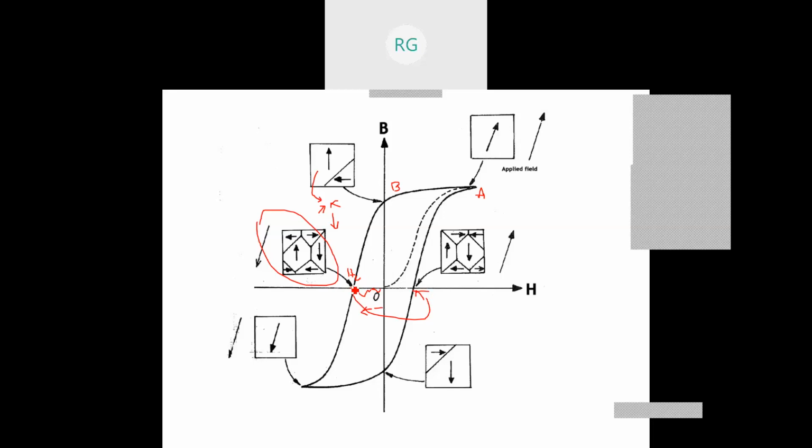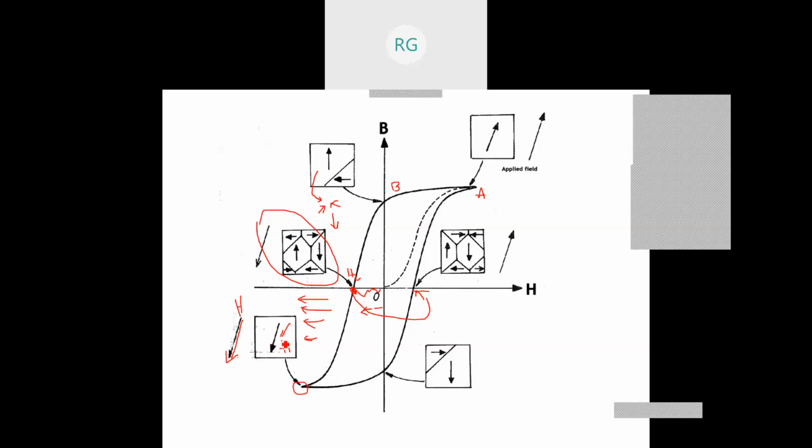And if I increase the field again, those which are in this direction start moving in the opposite direction because the field is in the opposite direction. All of them try to align, and therefore at this saturation point, all of them are in the direction of the applied field. This is the applied field direction H, and this is also the H direction.